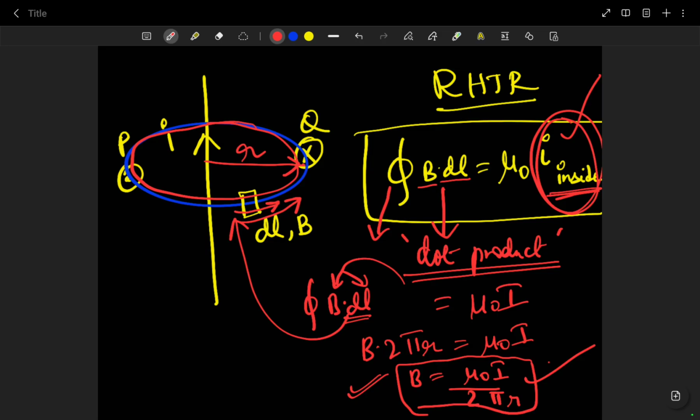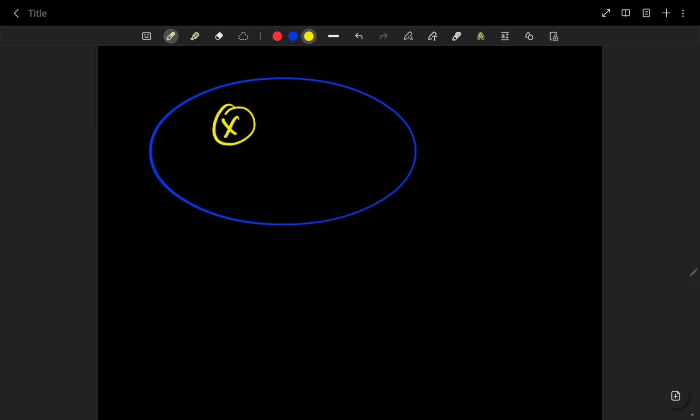So let's get deeper into this. Just let me take this off. For example, you have a loop that is Ampere's loop, and within this you have different points. That's where Biot-Savart can be used, but with a lot of calculation. We don't want you to use a lot of calculation.